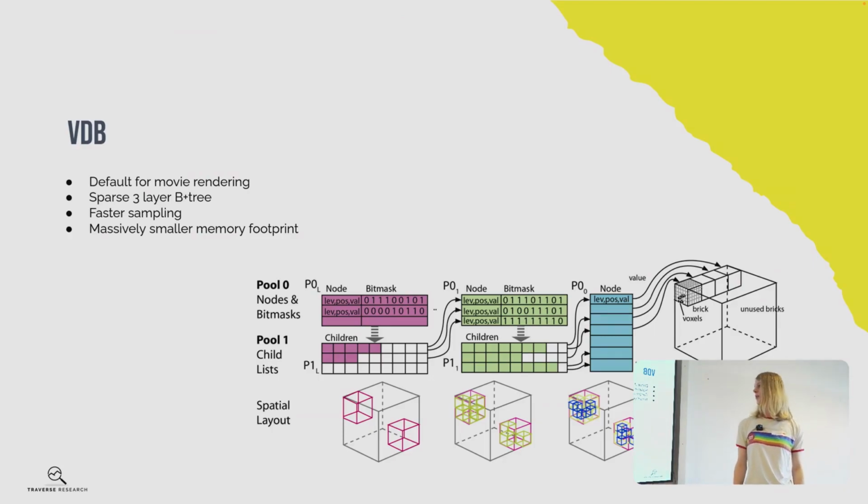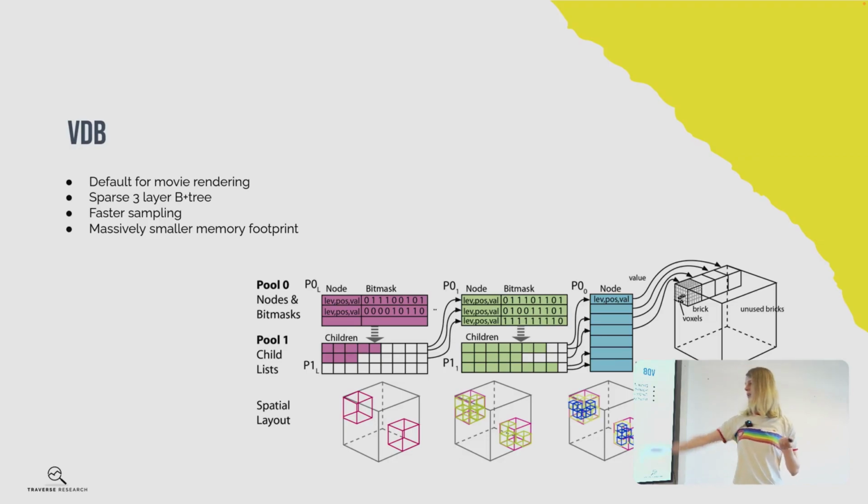So what is a VDB? It's a sparse 3-layer B+ tree. Sparse meaning that it's a tree structure where if the leaves do not contain any volume, those leaves are not stored. So if the volume is completely empty, we won't store any information pretty much, and it will be a super small data structure.